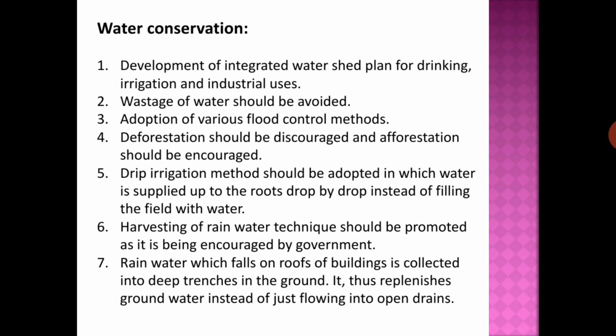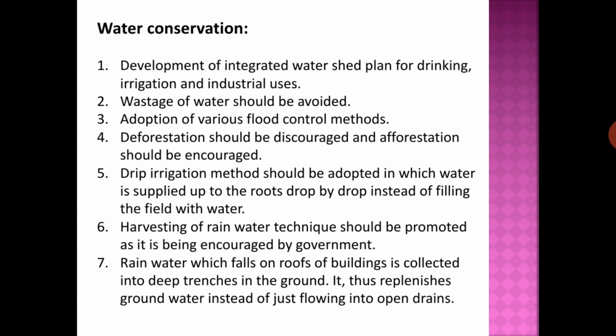So next, how do we conserve water? Develop an integrated watershed plan for drinking water, irrigation and industrial uses. For irrigation, for cultivation, for industrial and main drinking purposes, we are going to make an integrated watershed plan.